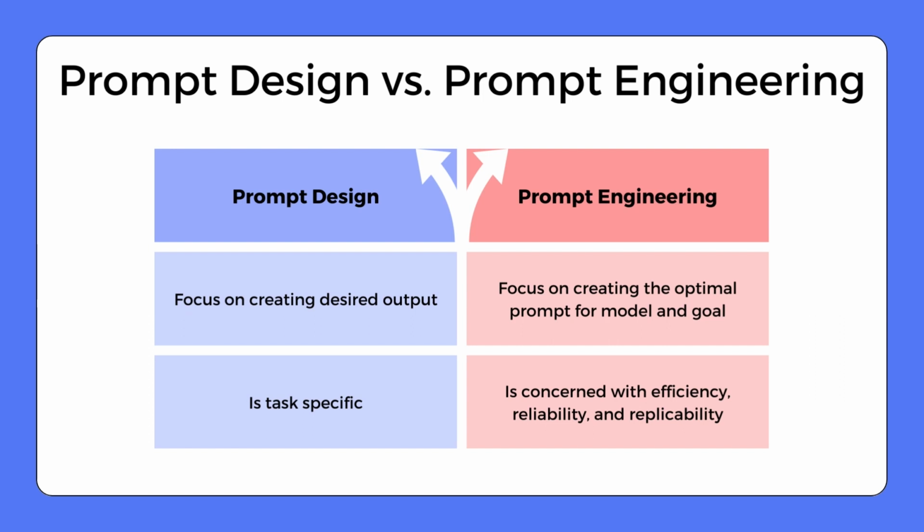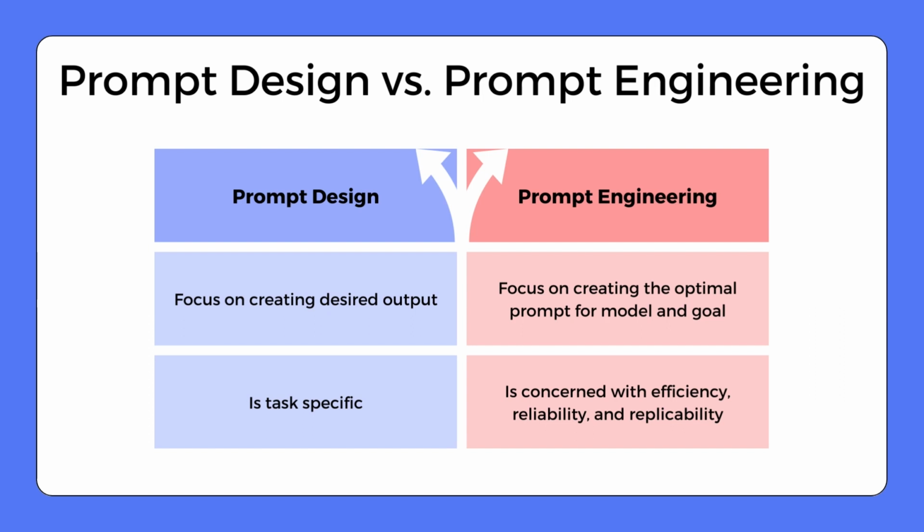On the other hand, we have prompt engineering. This process is more about enhancing the performance of the model. It involves strategies like leveraging domain specific knowledge, providing examples of the desired output, or incorporating keywords known to be effective for any particular generative AI model. So, you see, while both concepts revolve around crafting prompts, they serve different purposes.